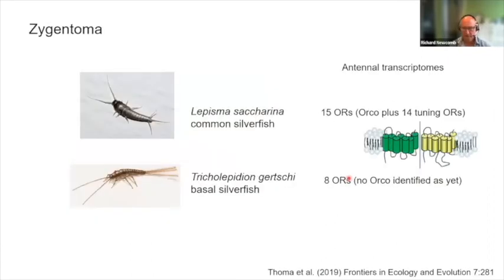And this is the work of a postdoc from Germany, collaborating with Bill Hansson's lab at the Max Planck, where we've been sequencing more basal invertebrates, in this case silverfish and firebrat here. Again, the genomes of these organisms do have odorant receptors in them, and for one of them we've found orco so far.